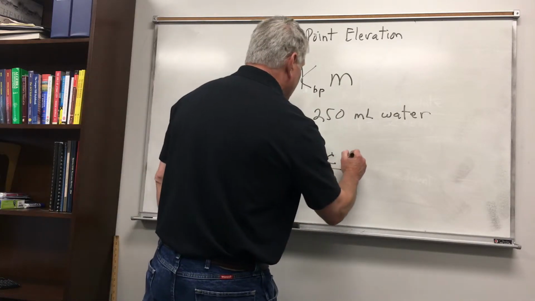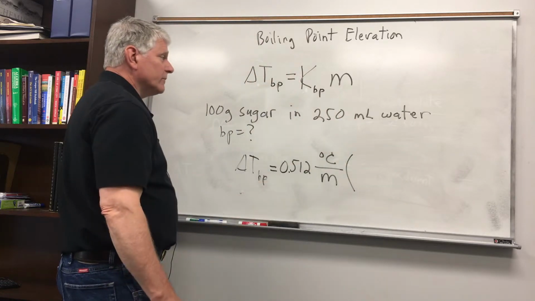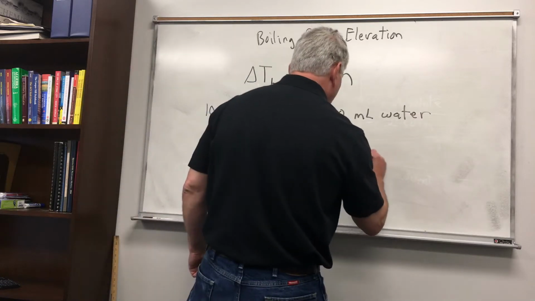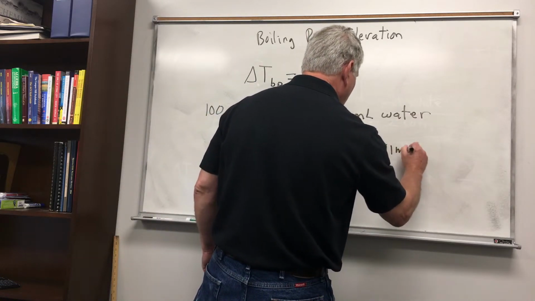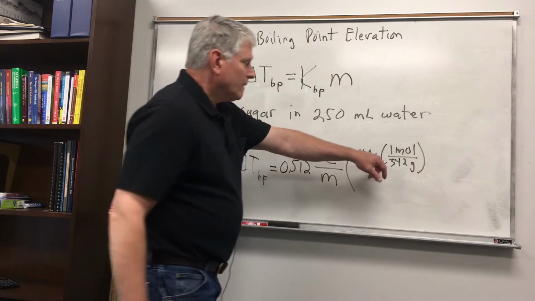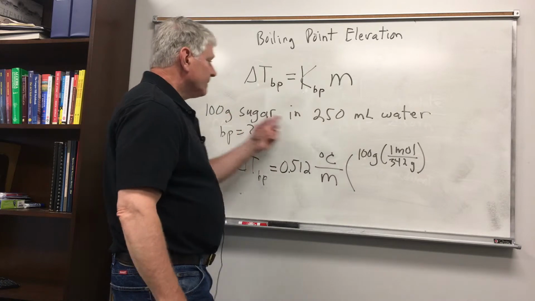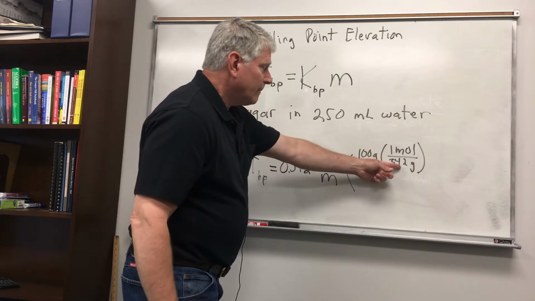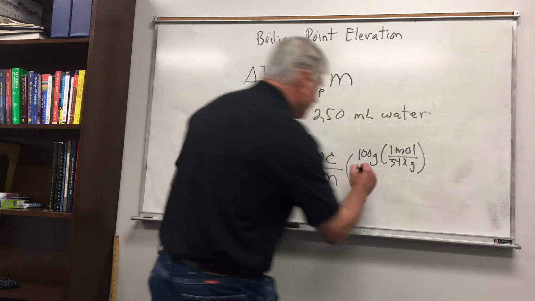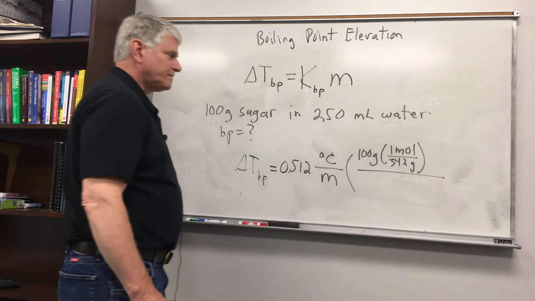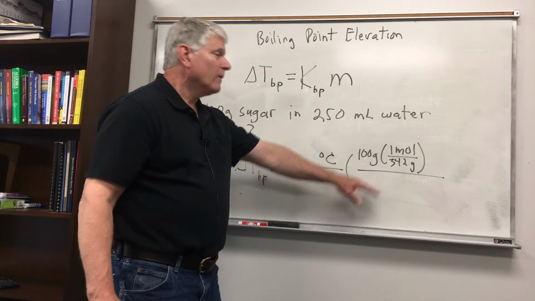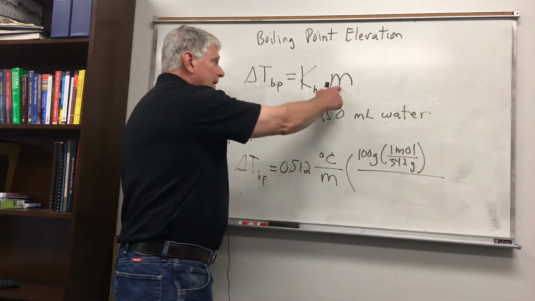And then we multiply by the molality of the solution, which is the moles of the solute. So this is the moles of the solute, its mass, 100 grams of sugar, divided by its molecular weight, 342 grams per mole. Then we divide by kilograms of solvent for molality.